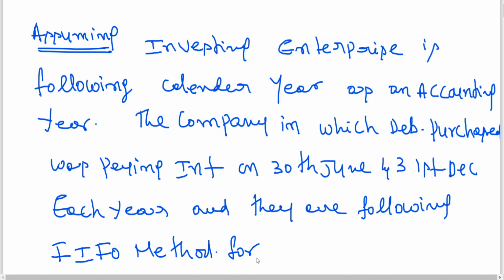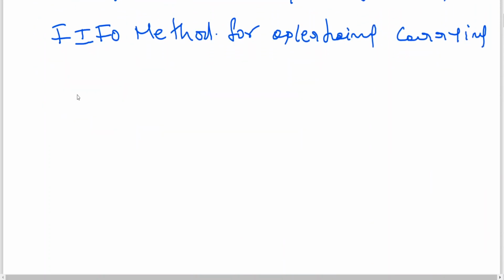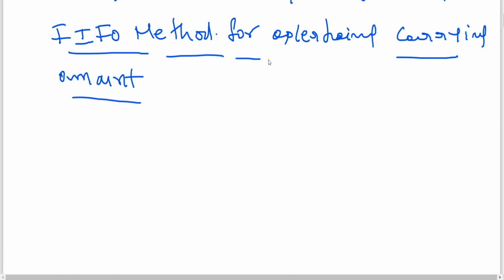FIFO method is for what? For ascertaining the closing balance, the FIFO method for ascertaining the carrying amount.